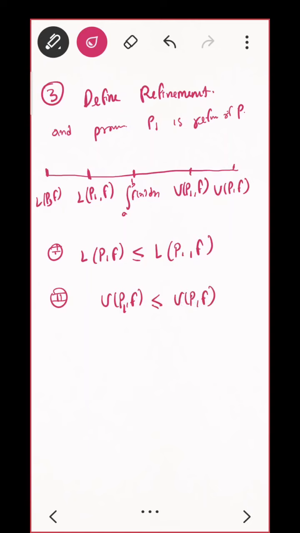Can you do that? This is what we have to prove. Do you see that inequality? This is how I used to tell you all the time. This will be my actual area. This is my LPF. This is my UPF.